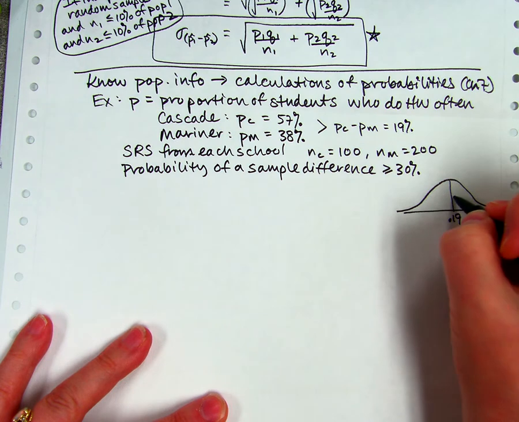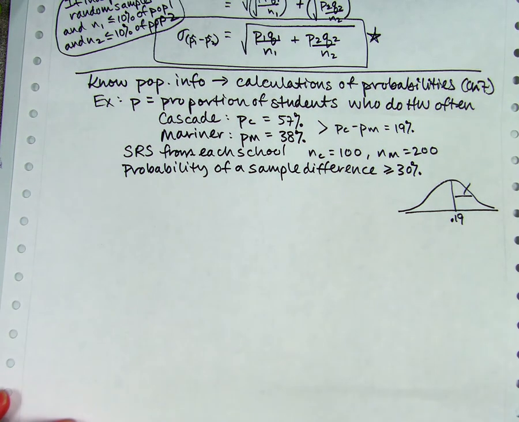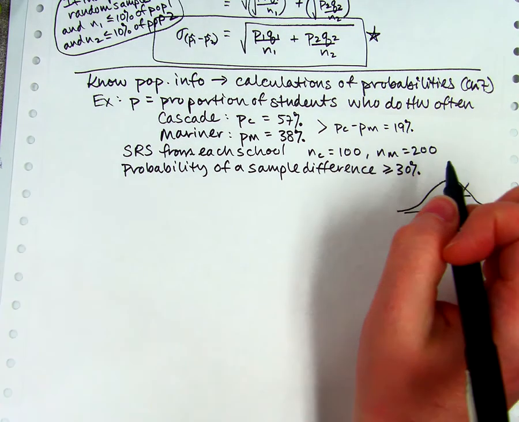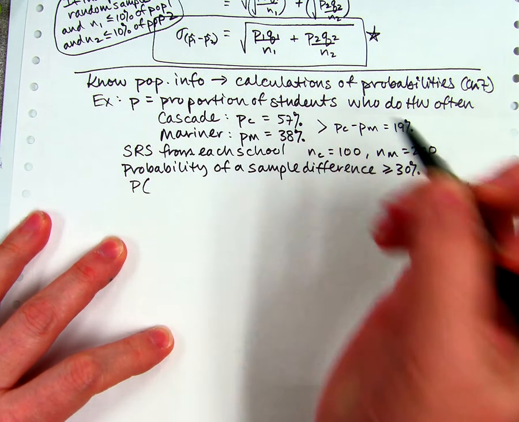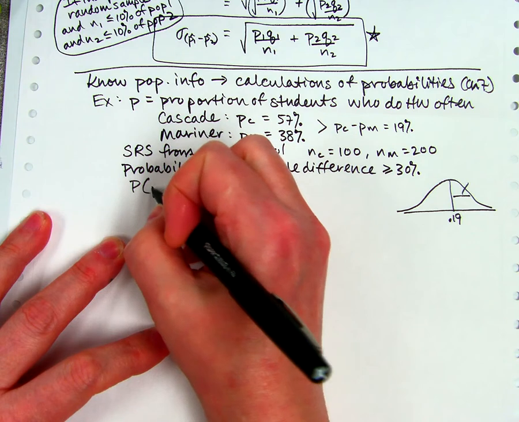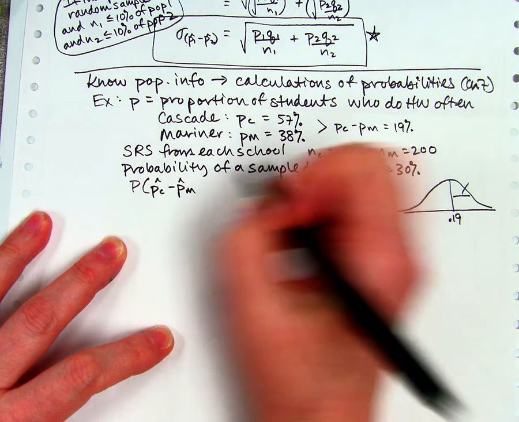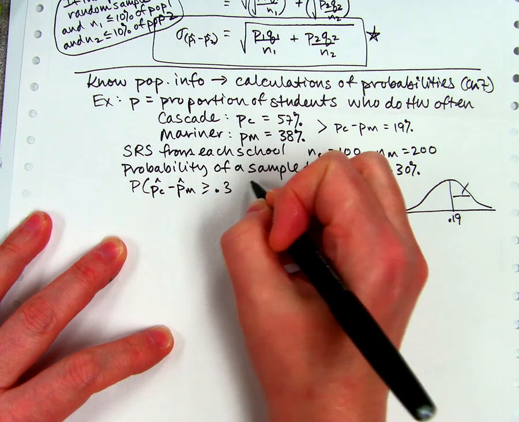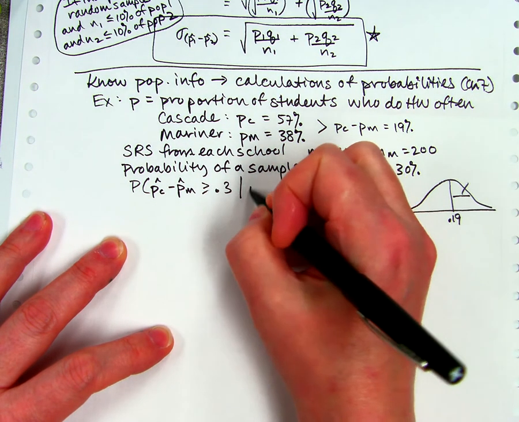In a minute, I'm going to calculate my standard deviation, which is how far over it goes till that inflection point. We'll get to that in just a minute. But remember this conditional probability thing? We're finding the probability that the difference P hat C minus P hat M is greater than or equal to 0.3, given that the true difference is the 19%.